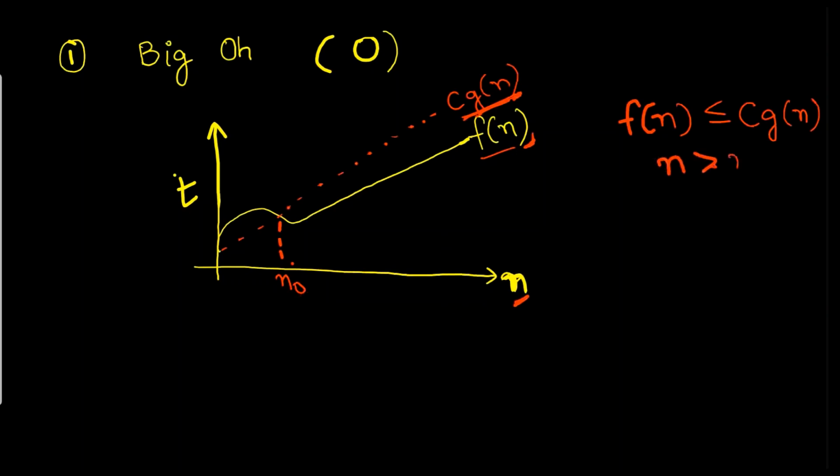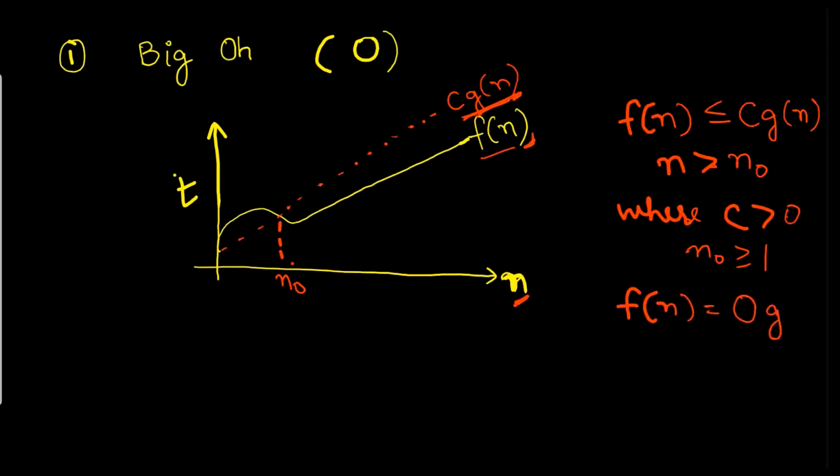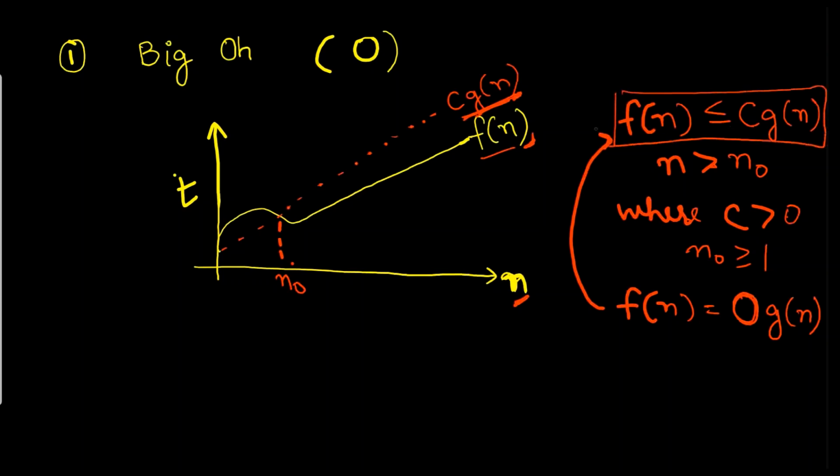So n should be greater than n0, where c and n0 are real numbers. c should be greater than 0, the constant, and n0 should be greater than or equal to 1. Then only f(n) will be equal to order of g(n), big O, and that is only when f(n) is less than or equal to c·g(n).